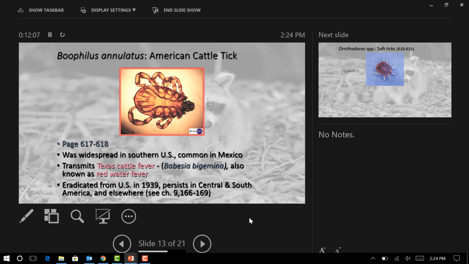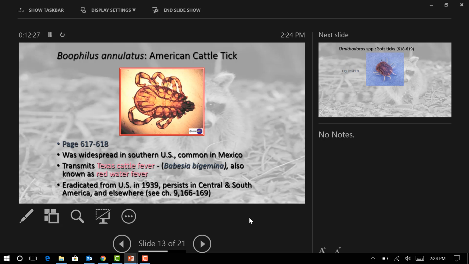This is Pathophysiology annulatus. Notice, eradicated from the U.S. in 1939, but it is found in Central and South America and elsewhere, and it is kind of moving back up as its range expands.